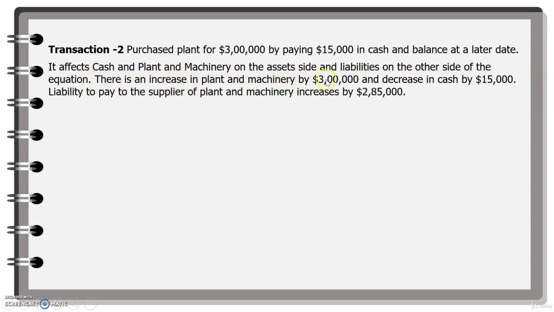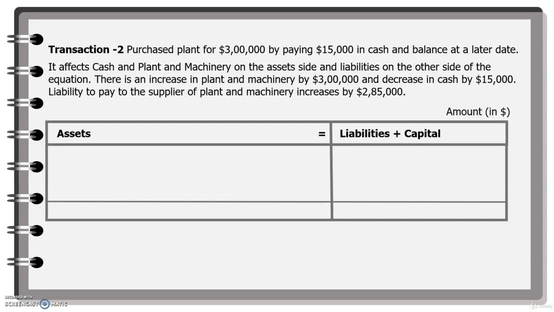So there is an increase in plant and machinery by $300,000 and a decrease in cash by $15,000. We also have to recognize the liability to pay the supplier, that is $300,000 minus $15,000, so $285,000 liability should be recognized. Let's write the equation, but before that we'll bring the previous equation.